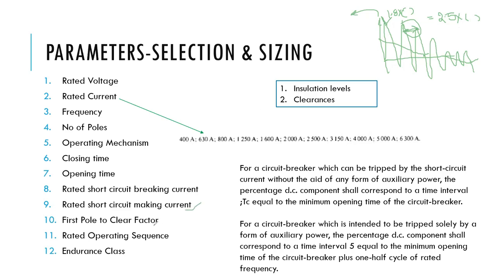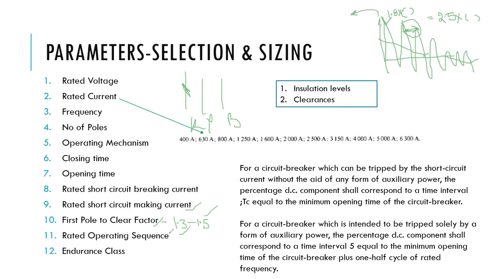And the first pole to clear factor, which is generally a ratio lying between 1.3 to 1.5. For 400 kV you can see 1.5, and for 220 kV you can see 1.3. So what is this? It is a ratio: when a fault occurs, suppose in RYB a fault occurred in the R phase, what is the line to ground voltage of the faulty, unhealthy phase to the line to ground voltage of the healthy phases.